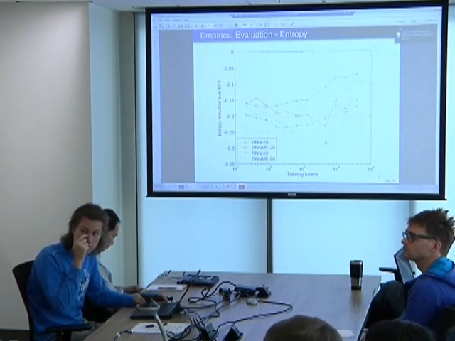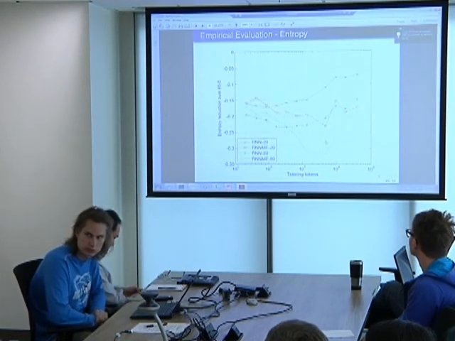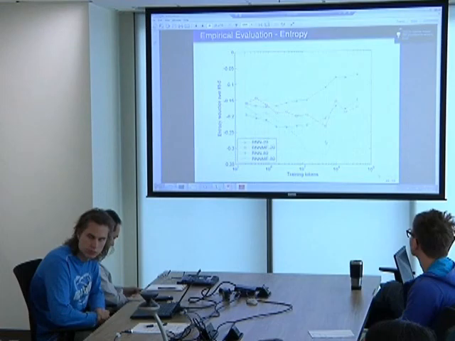So the interpretation of this is that the Kneser-Ney model, that's the baseline, that's like 0, is able to do well when you give it tons and tons of data.